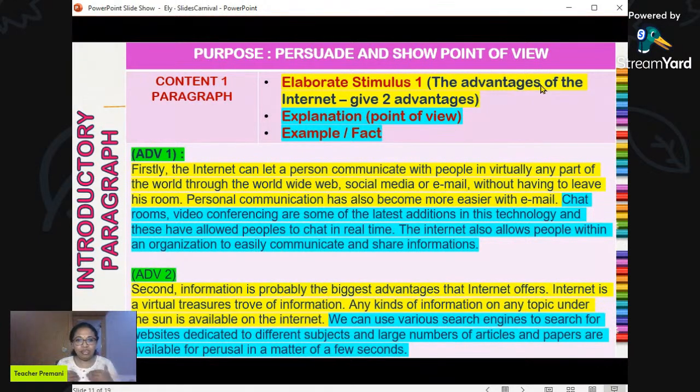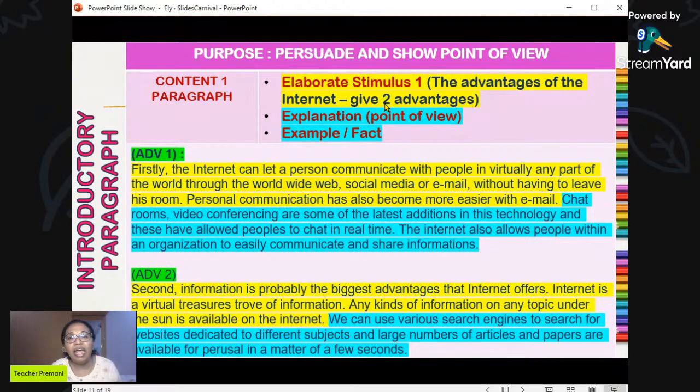So when the teacher reads, we are actually reading a list of advantages. Where is your point of view? Where is your example or fact to support your point on the advantage? Can you see that? So for the coming exam, this is my suggestion only. Please provide only two advantages.